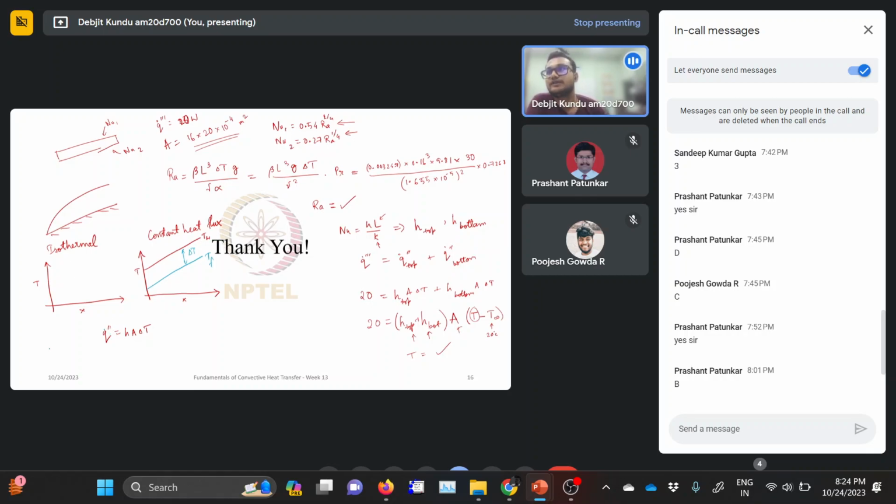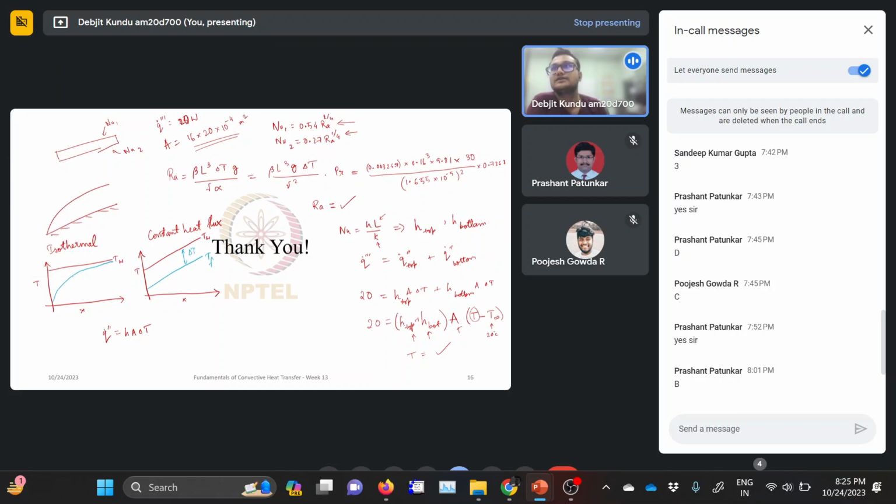And in the isothermal case, what happens is the T wall remains constant, and the temperature of the fluid increases, and the rate of increase would depend on the difference between the two, which is decreasing. So the rate of this increase also reduces.